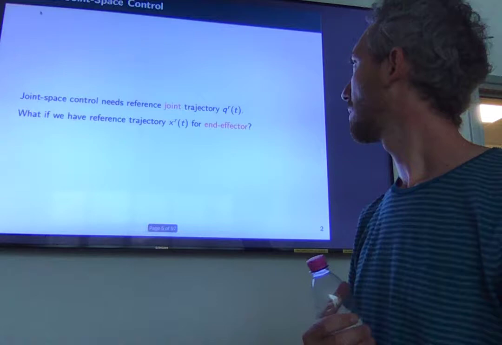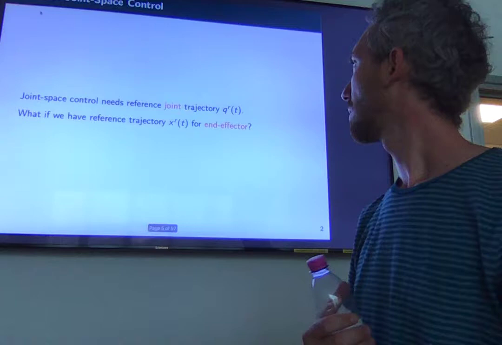So we can compute the desired acceleration of the end effector by taking the reference acceleration plus a PD correction term, as we did for joint space, but now we do it for end effector space. And how do we get this desired acceleration of the end effector?